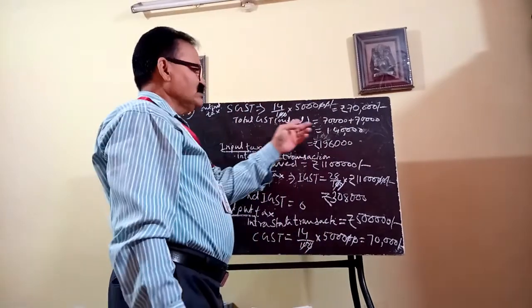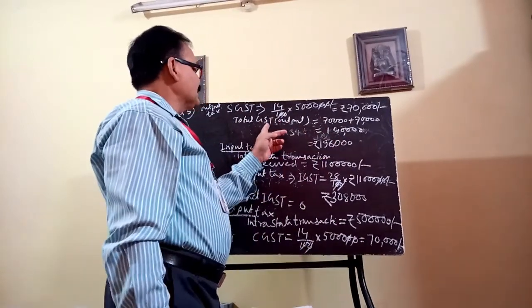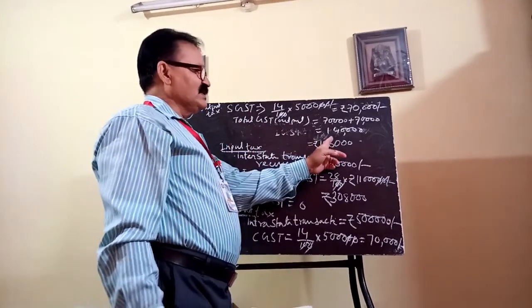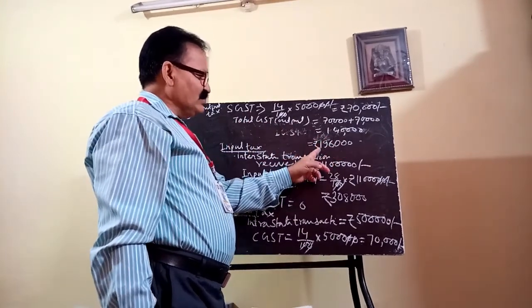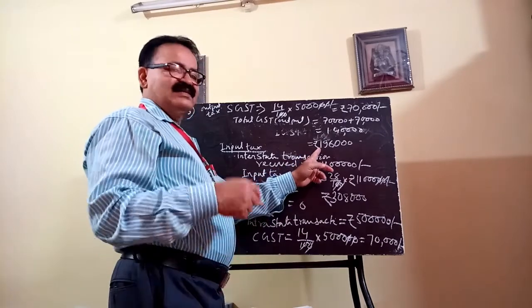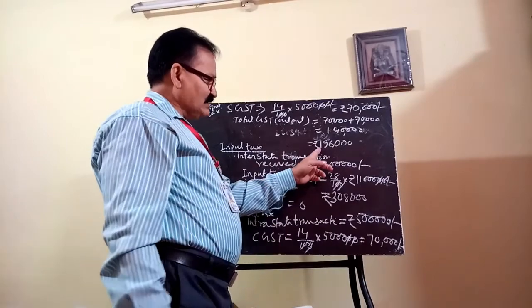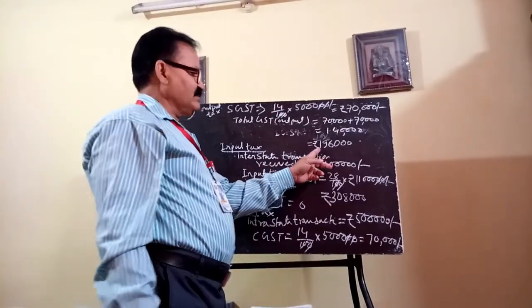This is your output GST for the intrastate transaction, and this much value is your IGST for output for the transaction for the other state.